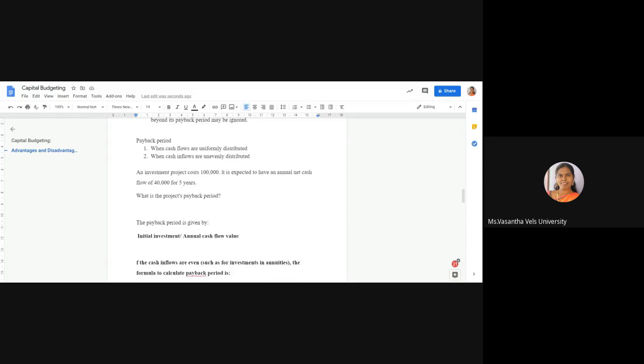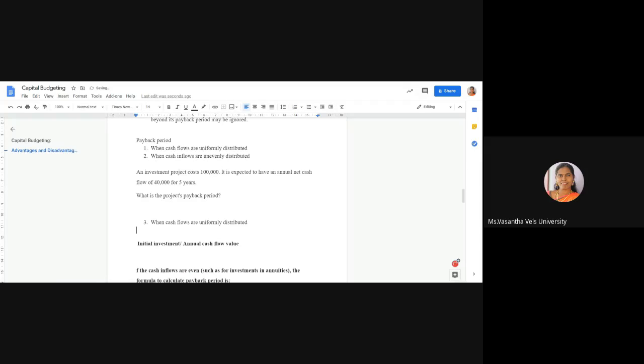Now, when the cash inflows are uniform, what is the formula? This is the formula.